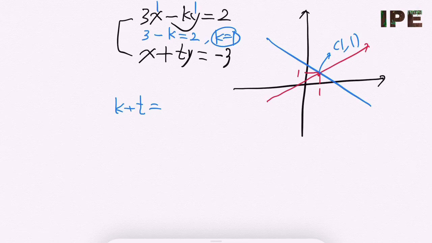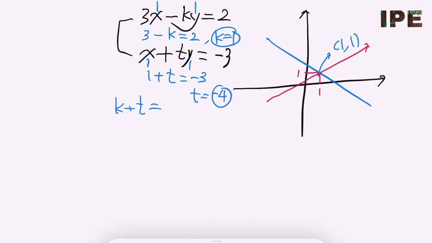And then that is supposed to be a solution of the second equation as well, because this intersection point is on both graphs. So when you plug in 1 and 1 for the second equation, that must be true again. What happens? 1 plus t is equal to negative 3. That means t equals negative 4.